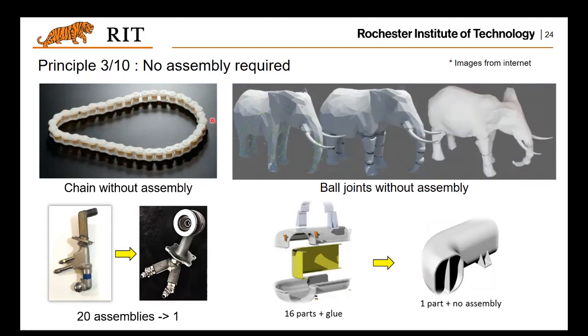For example, if you use plastic-based printing, there could be support material filling the spaces between each of these units. But if you use a support material which is soluble in water or other solutions, you could easily wash it away, and you will have this space empty, and the chain mechanism works properly.